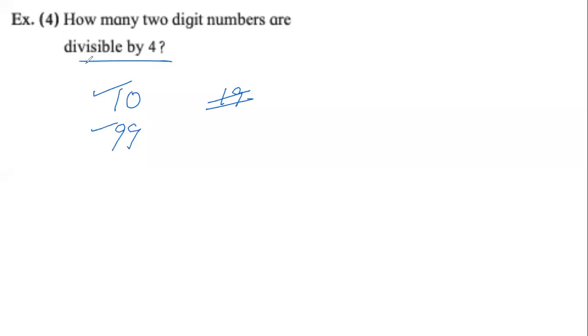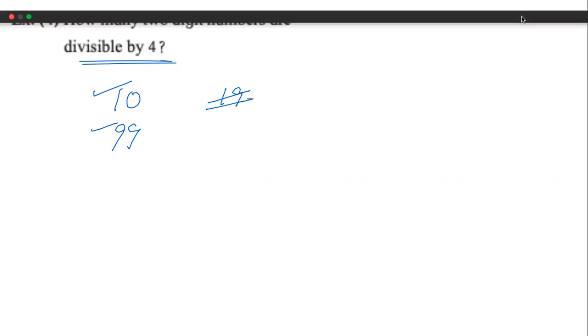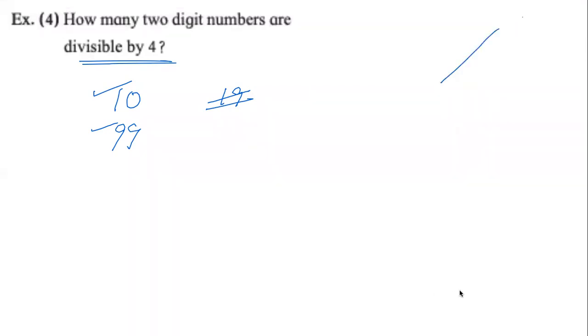What is the meaning of divisible by 4? Divisible by 4 means when we divide that number by 4, the remainder will be 0.